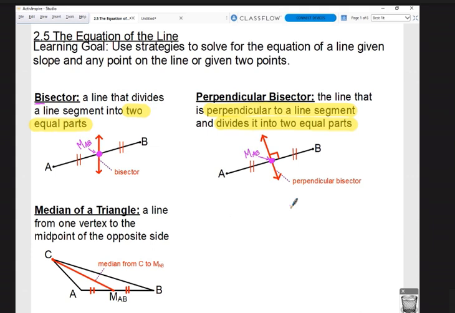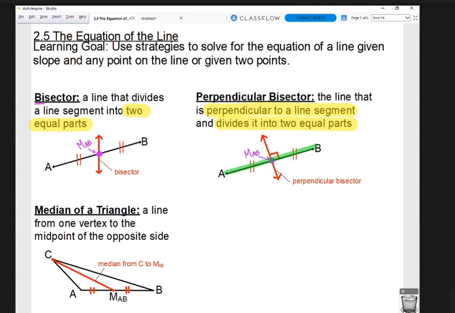Now, the fun part of this comes right here. When we talk about right angles, remember when we were classifying and verifying shapes? When we were talking about right angles, what did we know about the slopes of right angles? Yeah. So like we have line segment AB. It's got some slope. What has to be the slope of the perpendicular bisector? What's the relationship going on? That's right. There's going to be some sort of negative reciprocal occurring here.